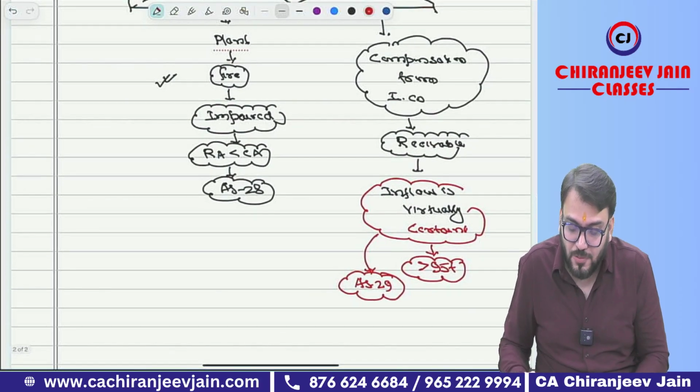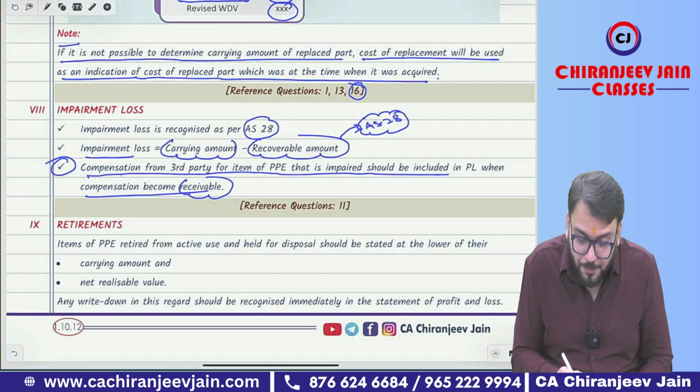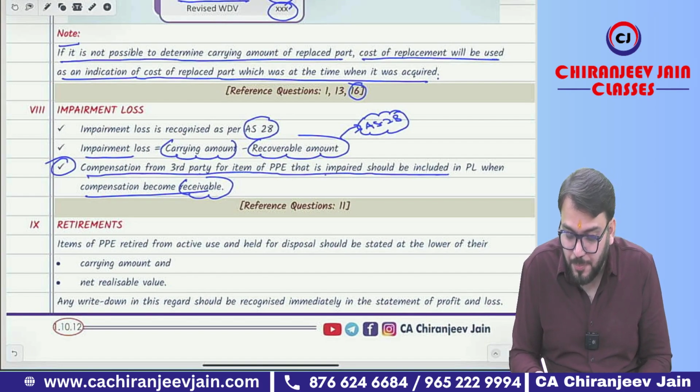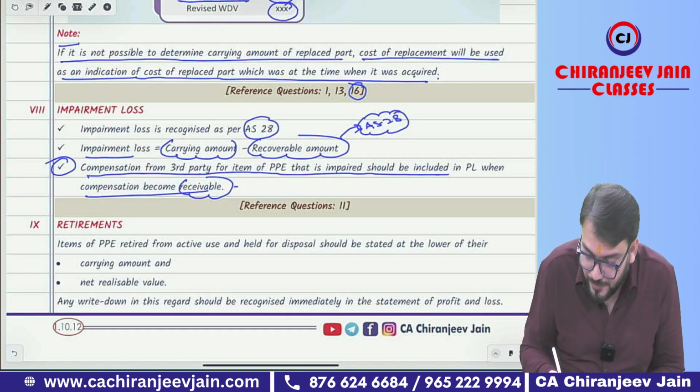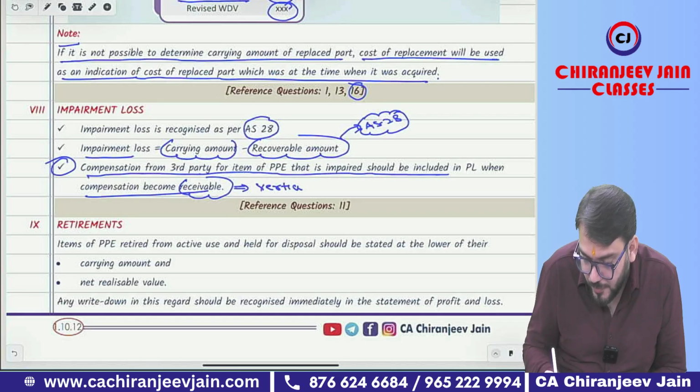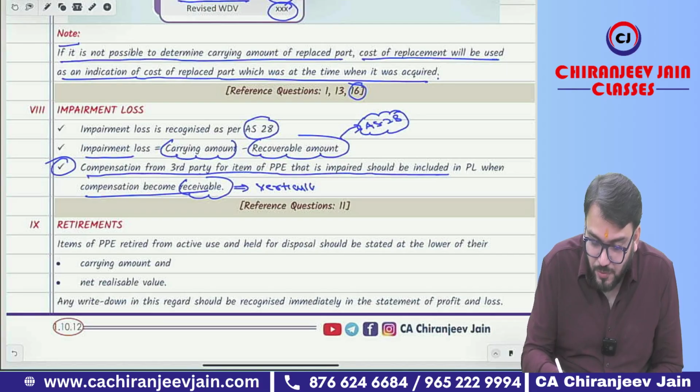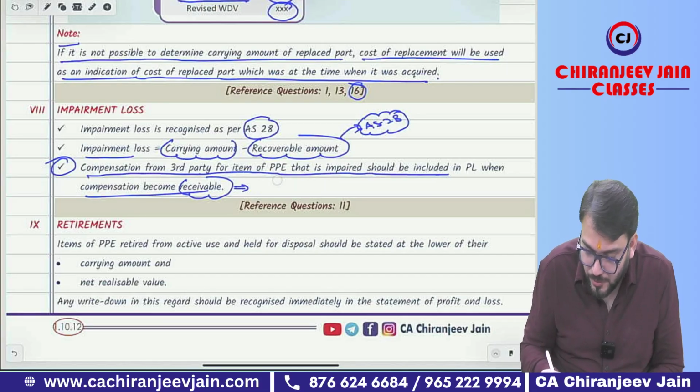Right now, you only need to understand that compensation from a third party for an item of PP that is impaired should be included in PL when the compensation becomes receivable. Receivable means it is virtually certain. Got this point?